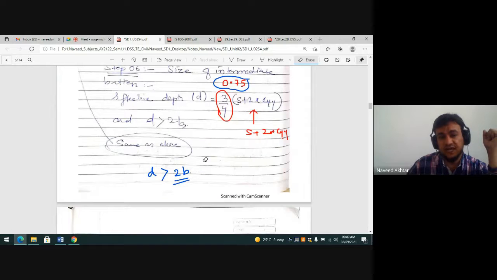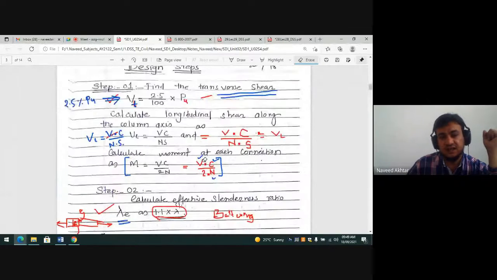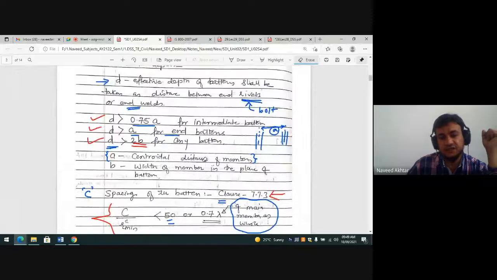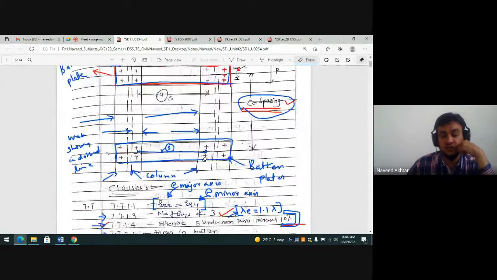If trial one fails, then take another trial with a higher section, higher area, and check for its PD. If it is okay, then go for design of battening plates if it asks for a battening system, or design of lacing flats if it is asked for the lacing system. So whatever we had to complete for unit number two, we have completed today.